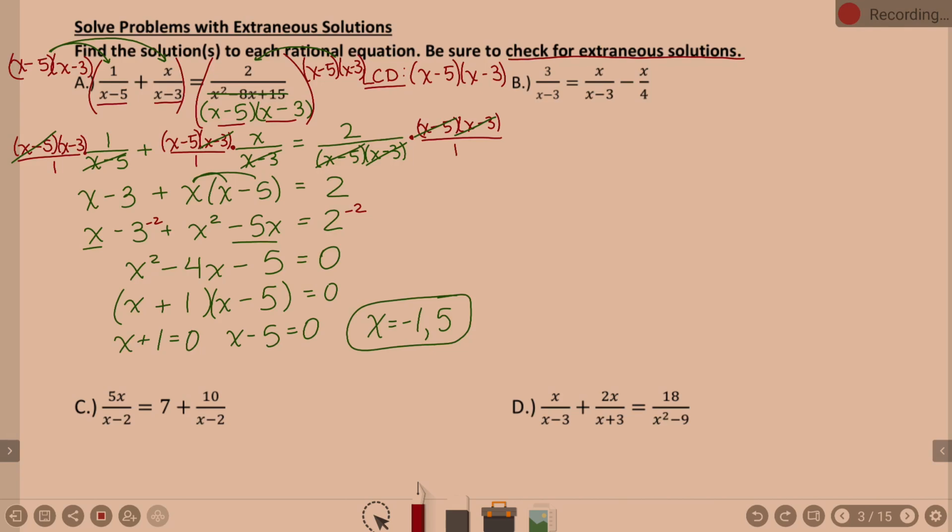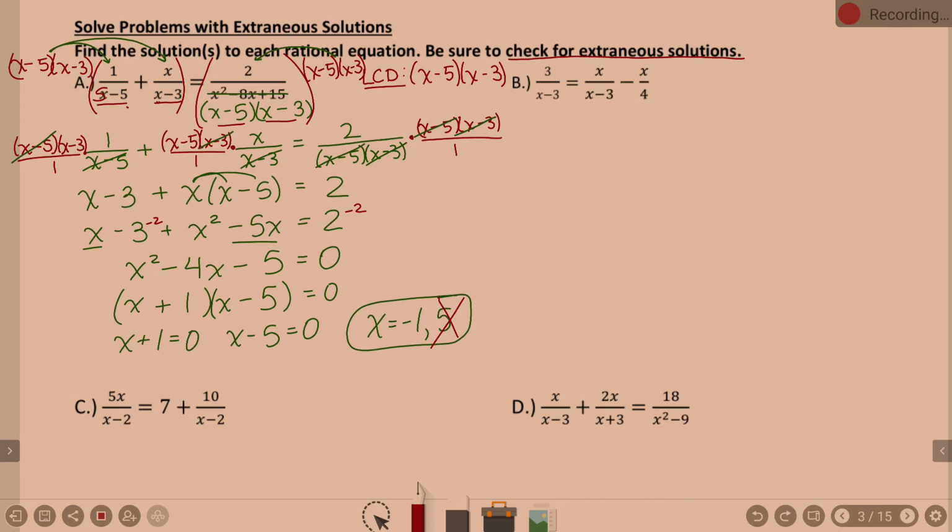As we look back at our original 2 denominators, what would our restrictions say? Restrictions would say that x can't equal 5 and can't equal 3. What did I just get as an answer? 5. So guess what? 5 doesn't work, because 5 minus 5 would make that denominator 0. So that's how I know it doesn't work.